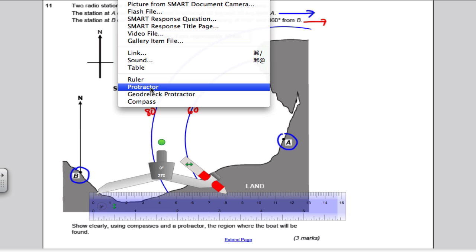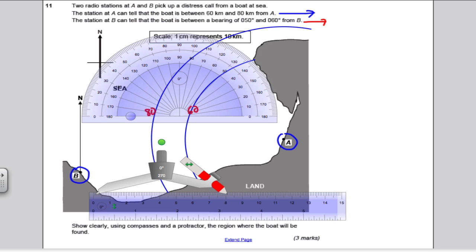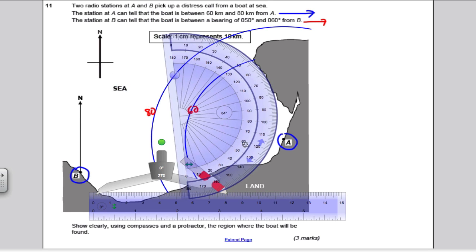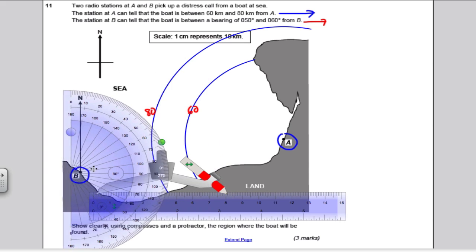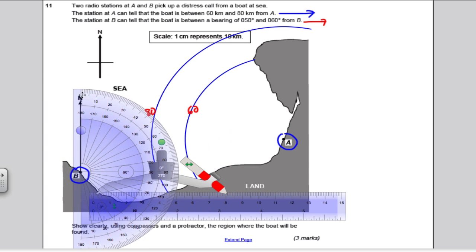So I'm going to get my protractor. I'm going to twist it round appropriately so that it's in line with the north line. And where 0 is on the outside here, I'm going to measure an angle of 50 degrees, which is about here. And I'm going to measure an angle of 60, which is there.